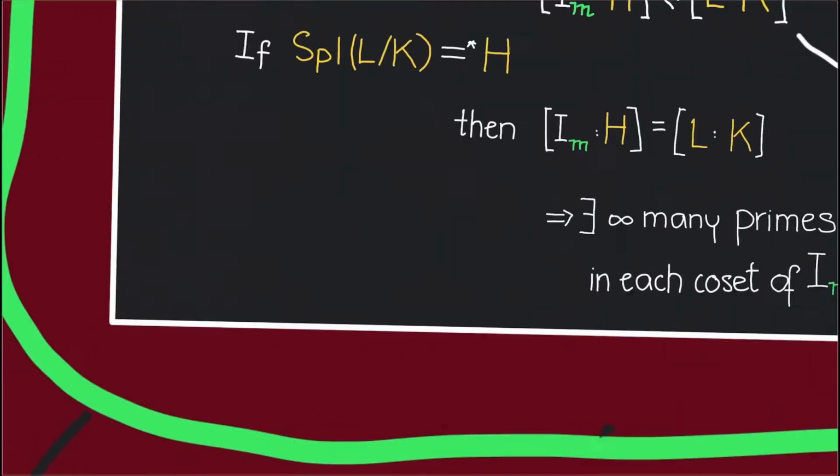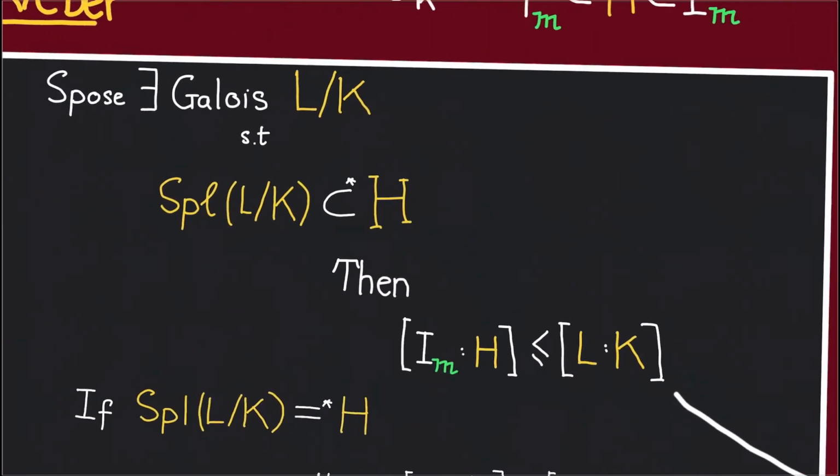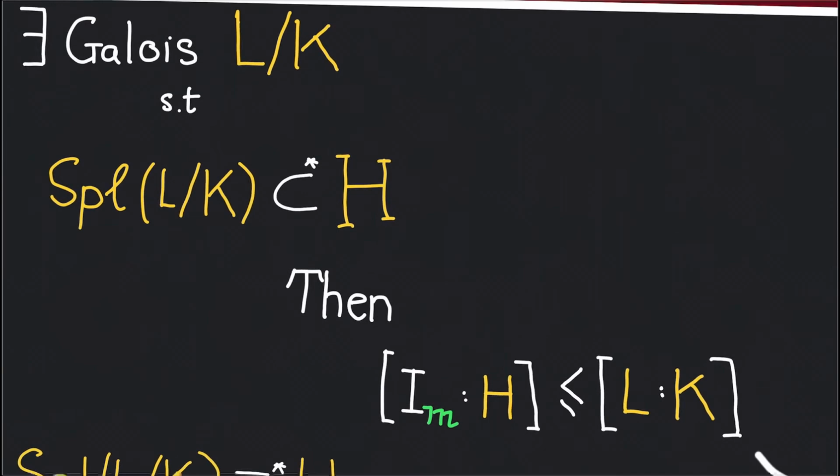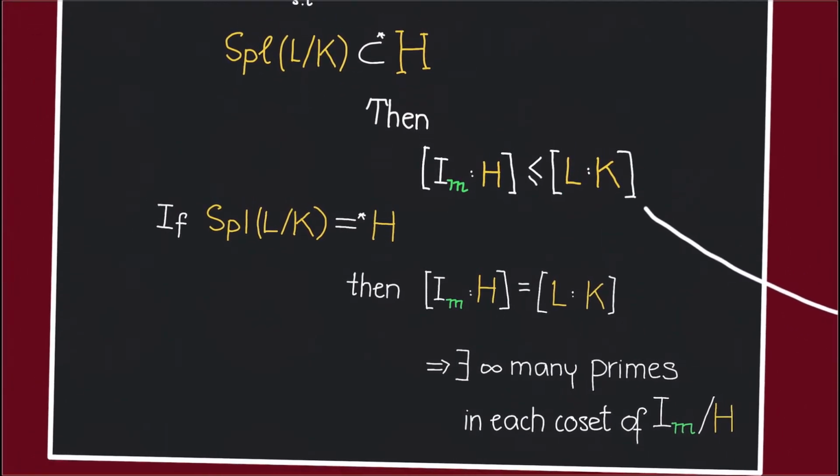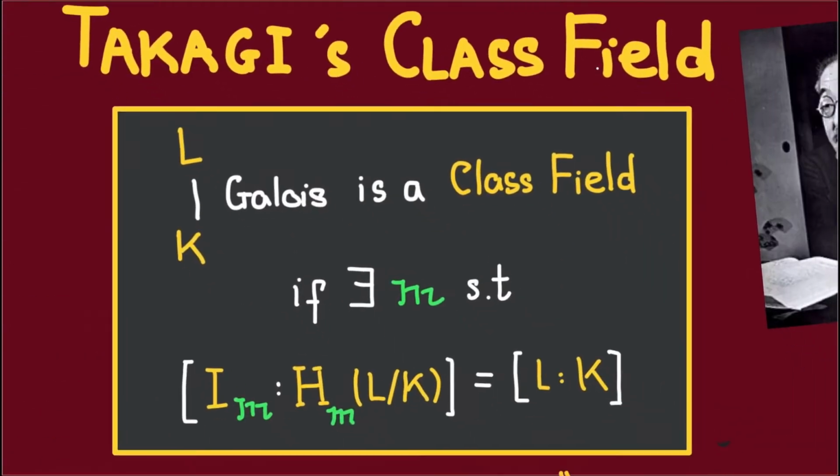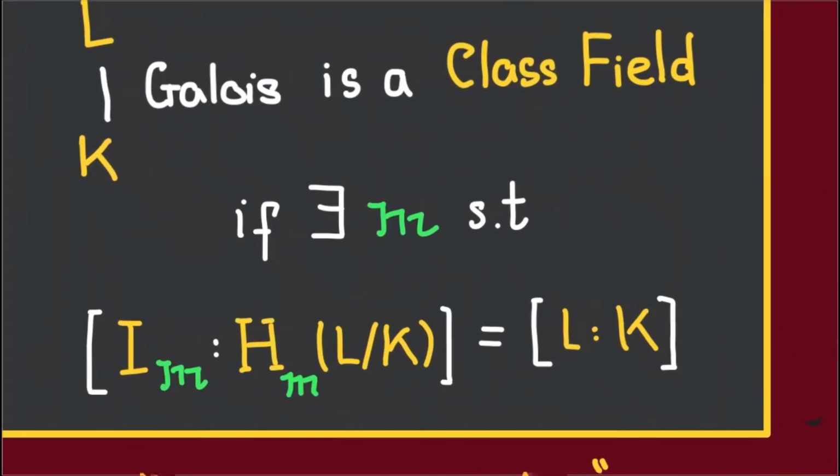And therefore, by the first part of Weber's theorem, we do have that the index of H inside I_M must be less than or equal to the degree of L over K. Observe that equality happens if and only if the set of primes that split in L is basically the set of primes in H, i.e. if and only if L is the class field of H. Therefore, L is a class field for its norm group if and only if this identity holds.